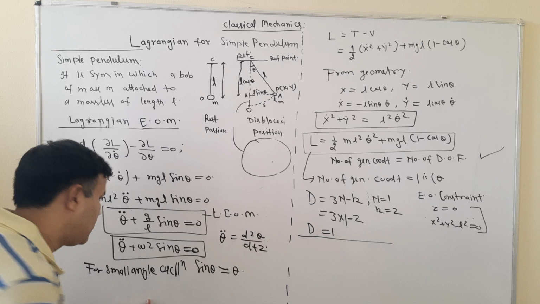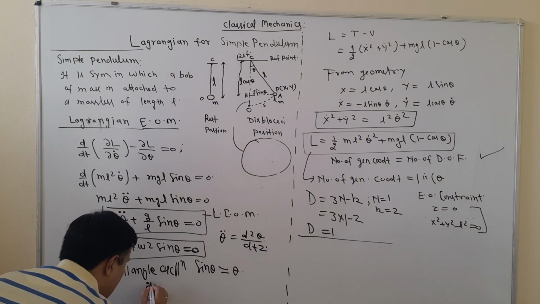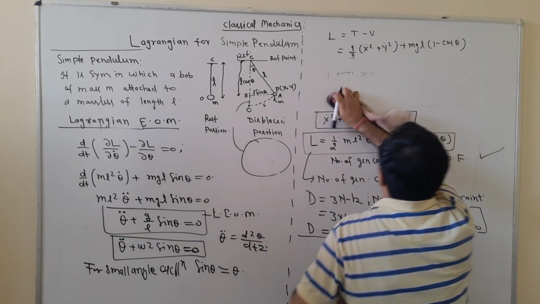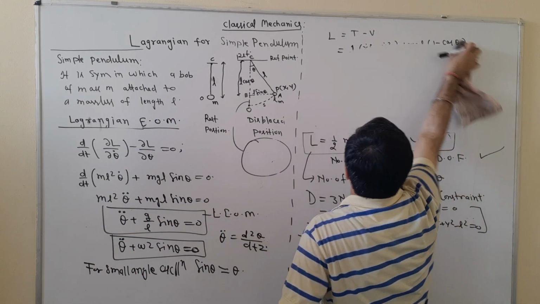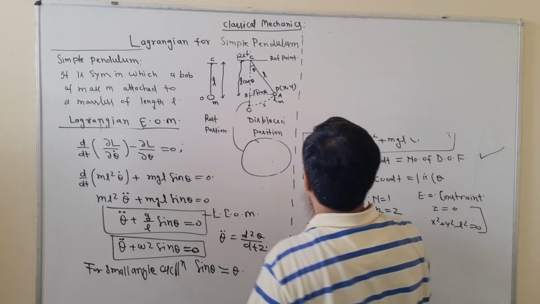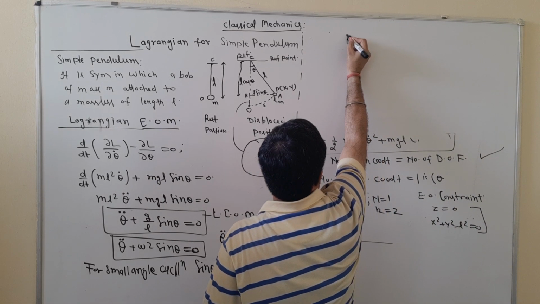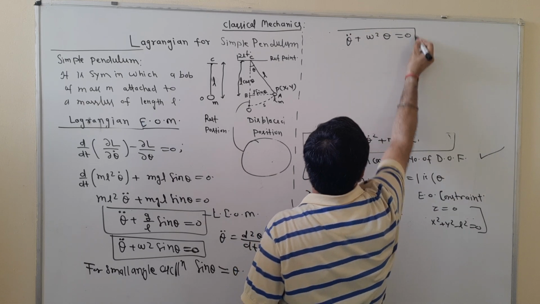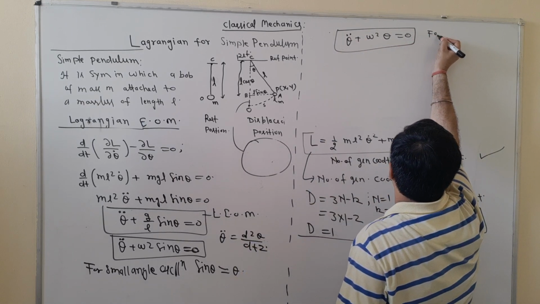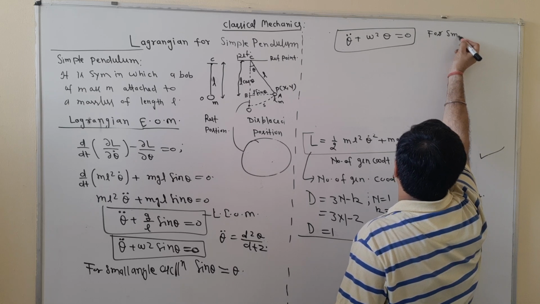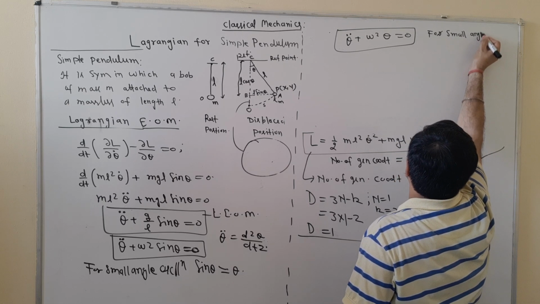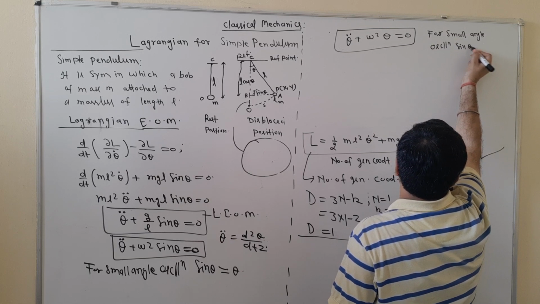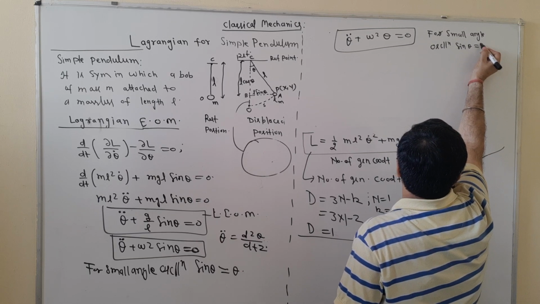In that case, our differential equation is theta double dot plus omega square theta is equal to 0 for small angle oscillation, where sin theta is simply theta.